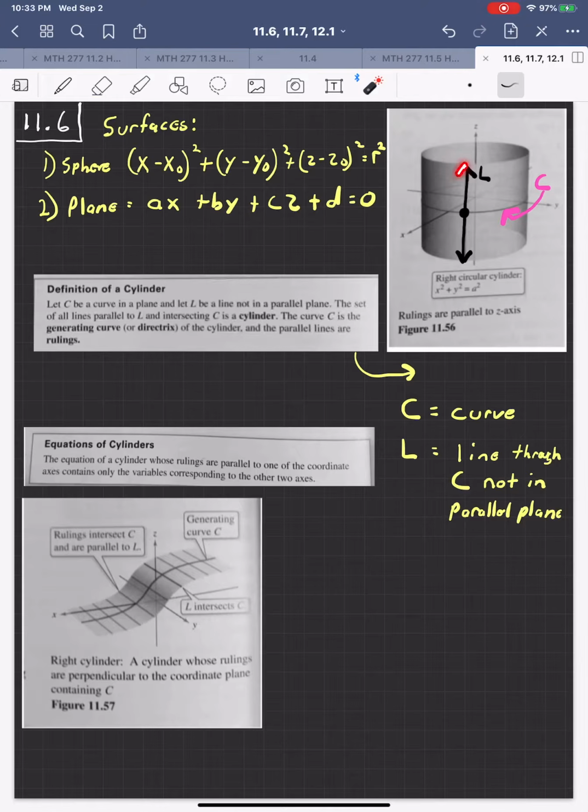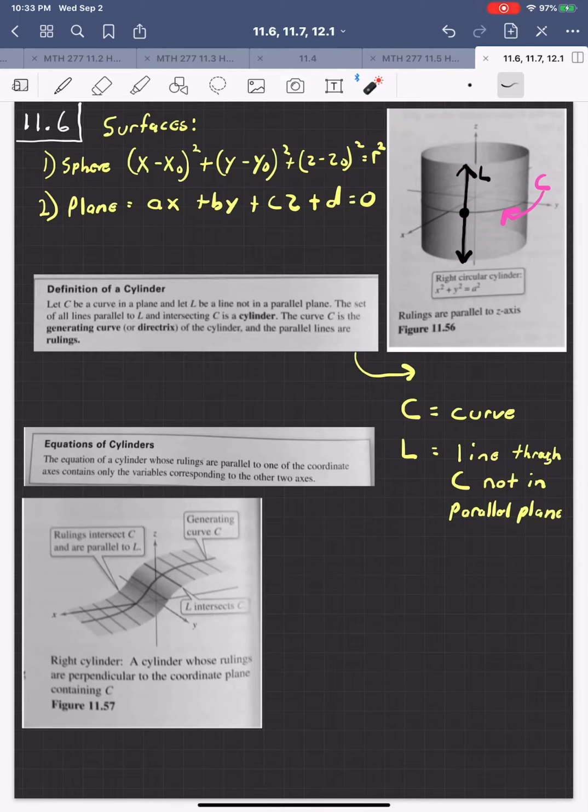So notice how this line L touches that curve C at one point, and you can see how it's running perpendicular, meaning it's not in a parallel plane. Okay? So far so good.